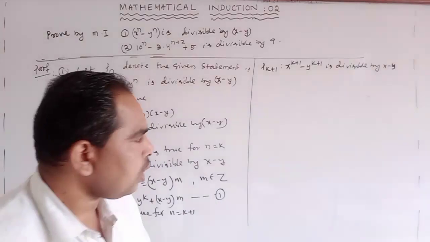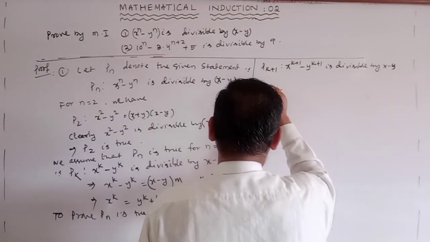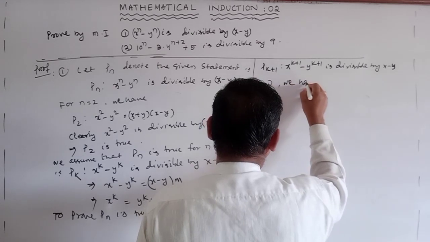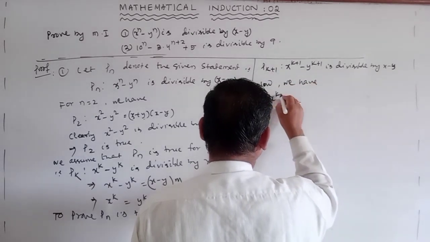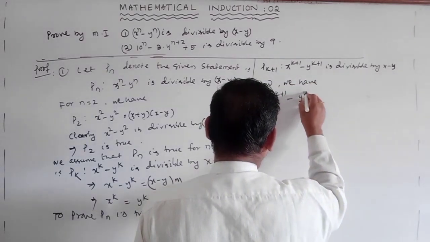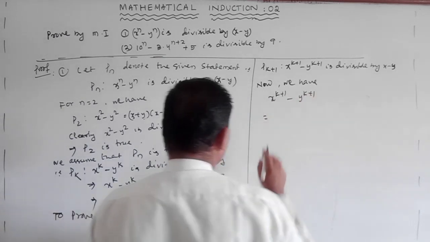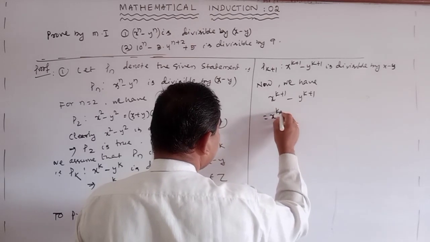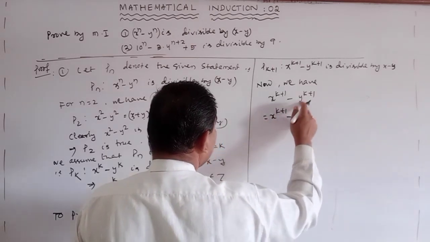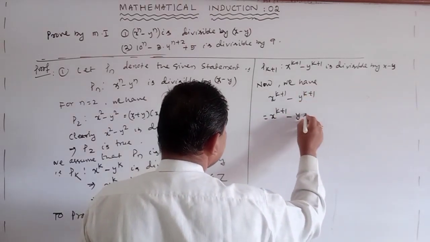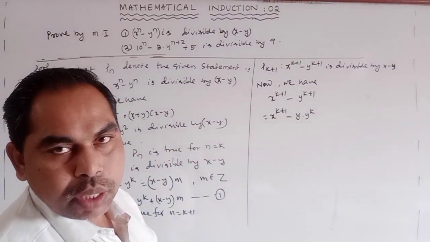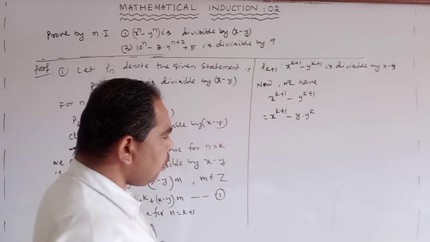Okay. Now we have x to power k plus 1 minus y to power k plus 1. Y to power k plus 1 means y to power 1 into y to power k.